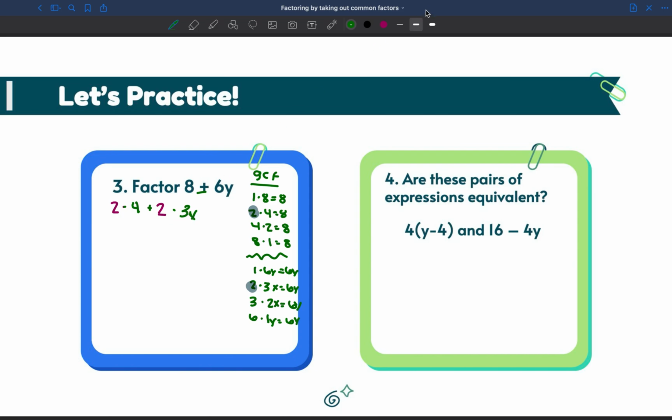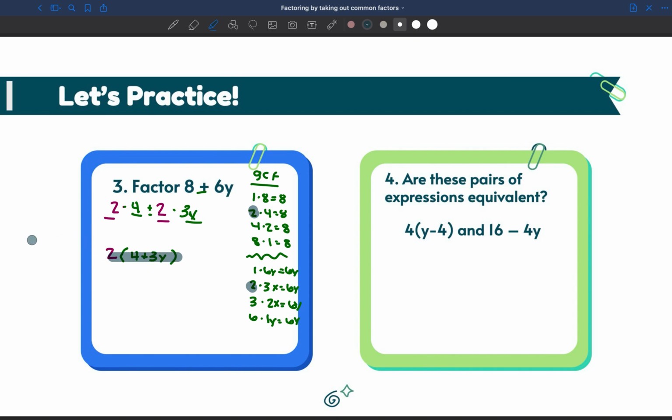We take our common factor, which was 2, stick it on the outside of our parentheses, and we finish with the rest of our components, 4 plus 3y, which we stick on the inside. That would be our final answer.